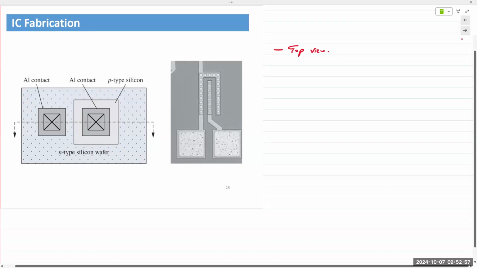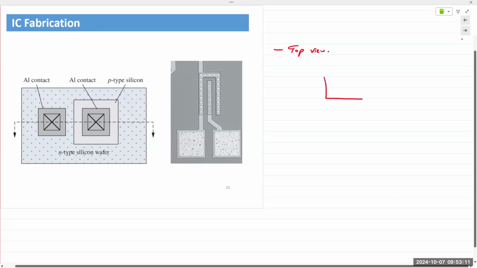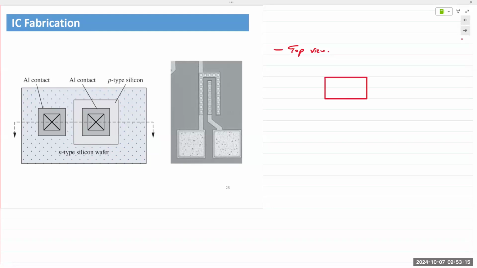When we work with silicon wafers or any kind of semiconductor material, we are using only the top surface, working in the XY direction. So if this is a side view, the 4-inch wafers that you see are only 500 microns thick. 500 microns is about 0.5 millimeters.